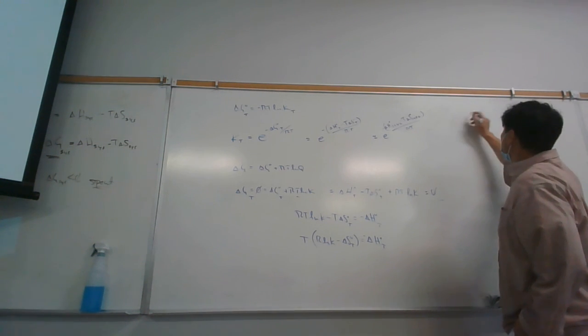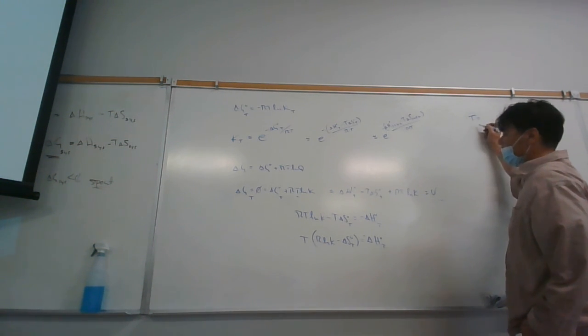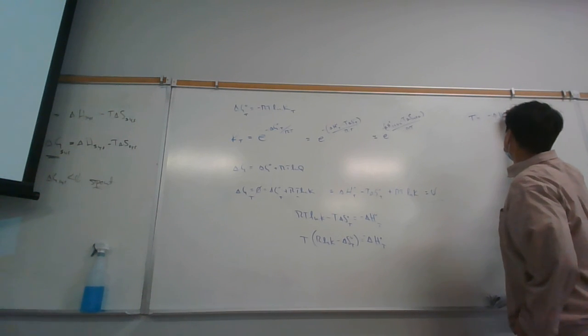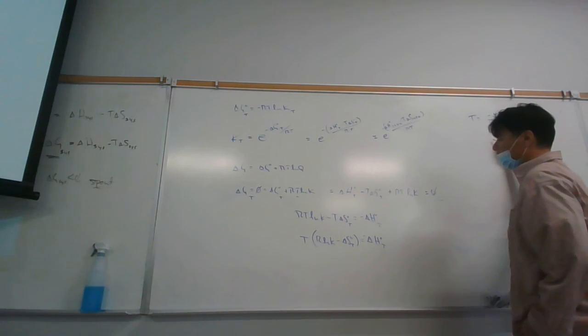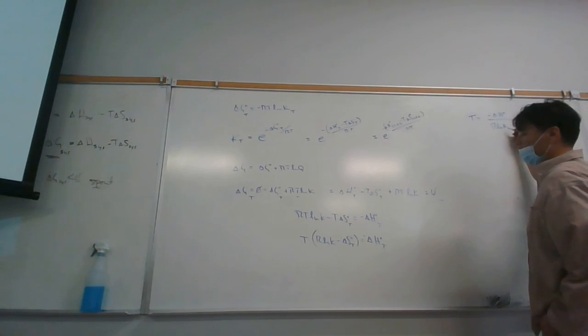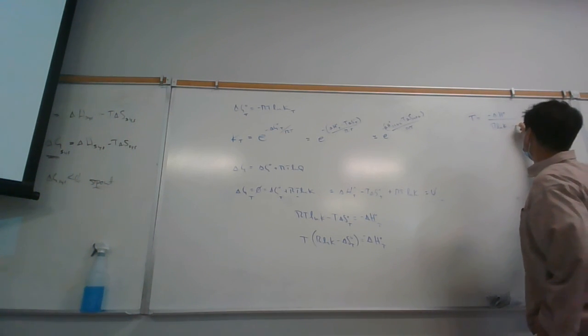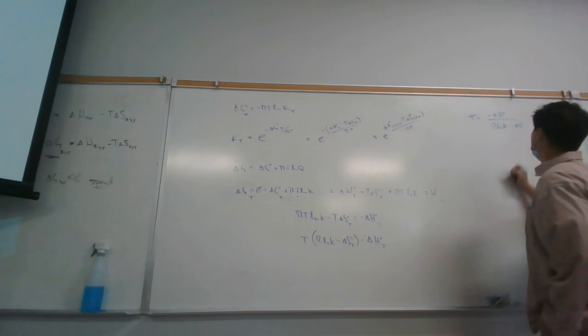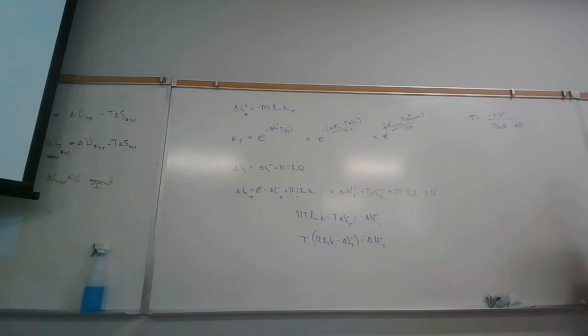And so T is equal to minus delta H naught over R ln of K minus delta S naught, or some variant of that equation.